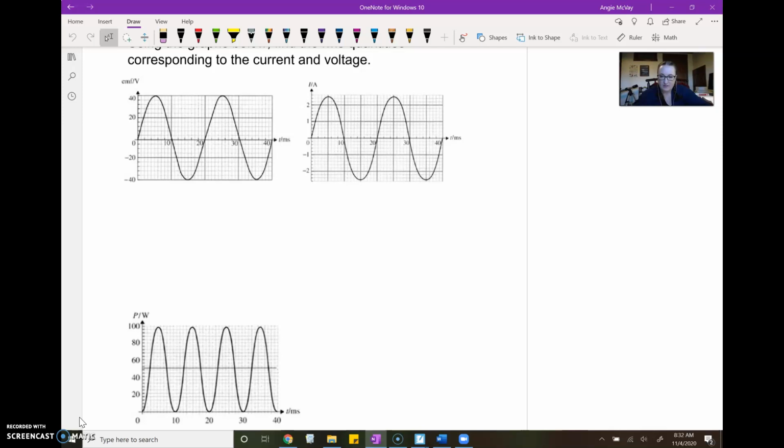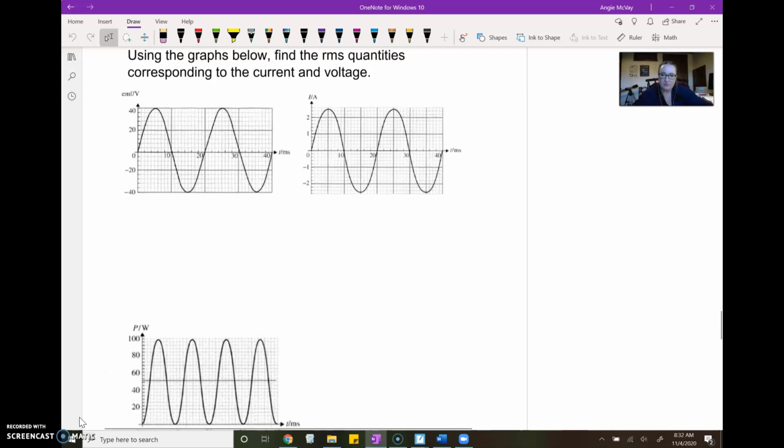Now, one of the things that you'll notice, oftentimes when we're talking about a value that varies as a function of time, is that we can say there's a maximum value, but sometimes it's helpful to also have an average value.